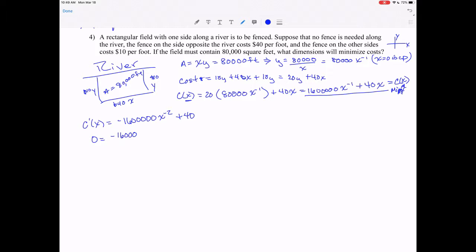It's the derivative. I'm setting the derivative equal to 0. 2,345 over x squared equals 40.